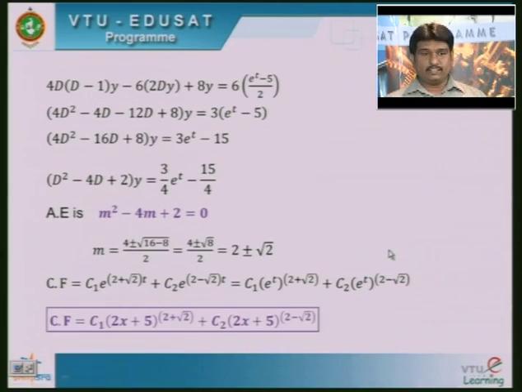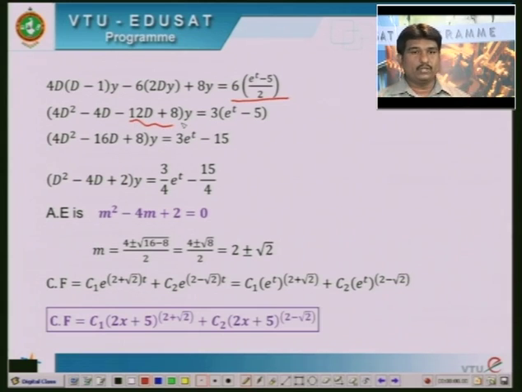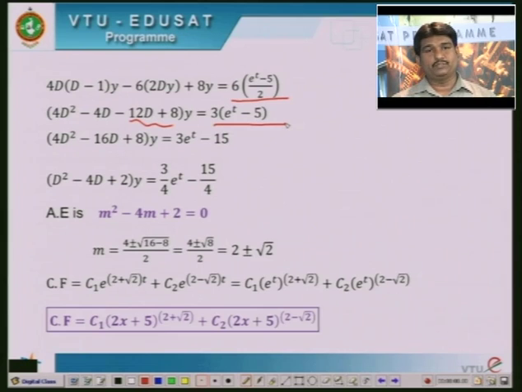Substitute all these things in the given differential equation. We get 4 times D(D − 1)y, which is the second order derivative, minus 6 times 2Dy, which is the first order derivative, plus 8y equals 6x. x is (e^t − 5)/2. Multiply: 4D² − 4D, multiplying 6 gives −12D, plus 8, take y outside, equals 3(e^t − 5).